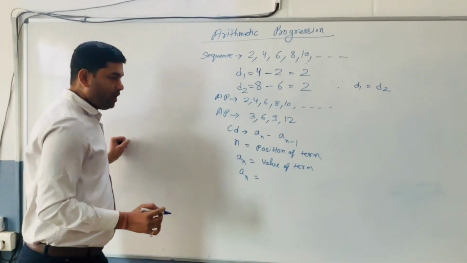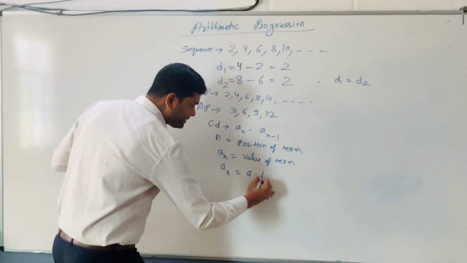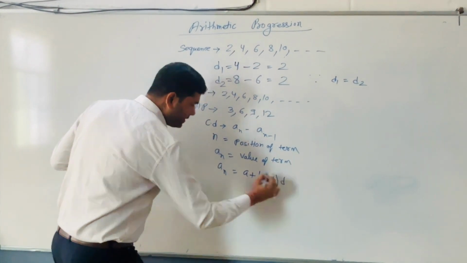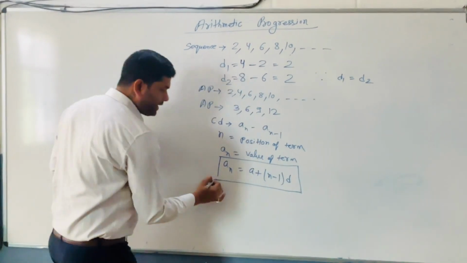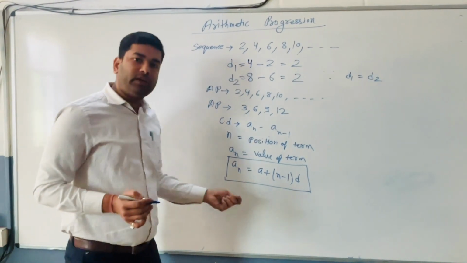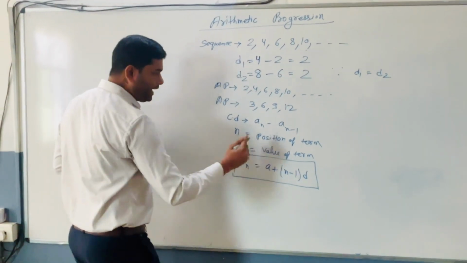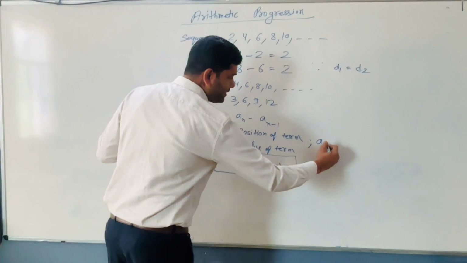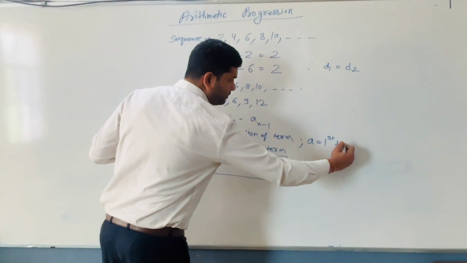Based upon this, we can write the formula to find the nth term of an AP: a plus n minus 1 times d. This is the formula to find the value of any term of the AP. A is the first term.